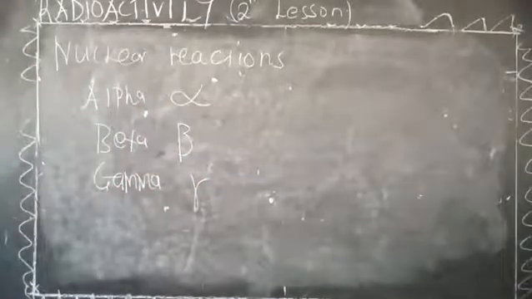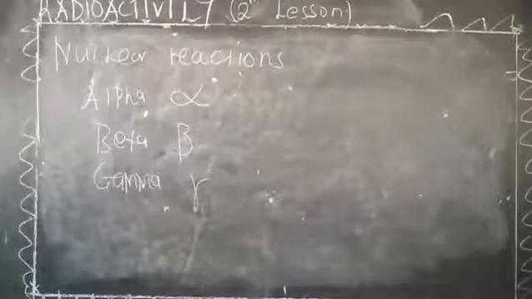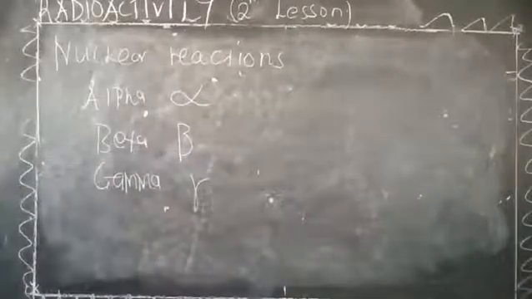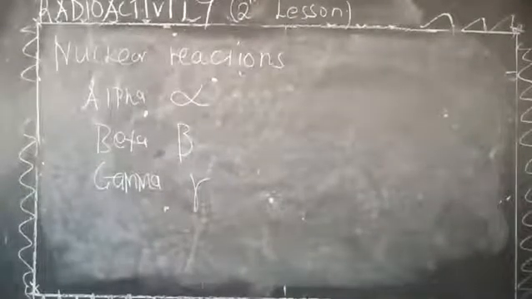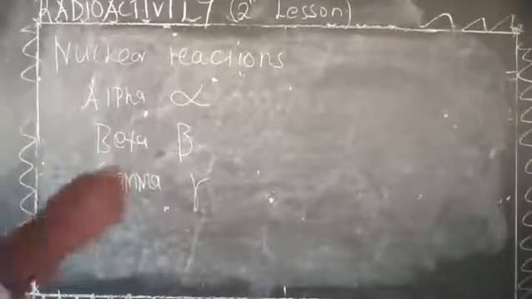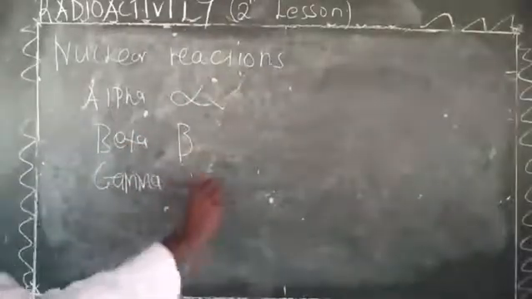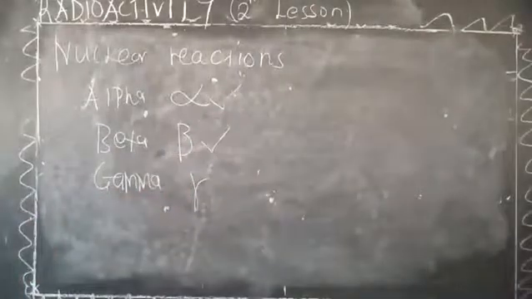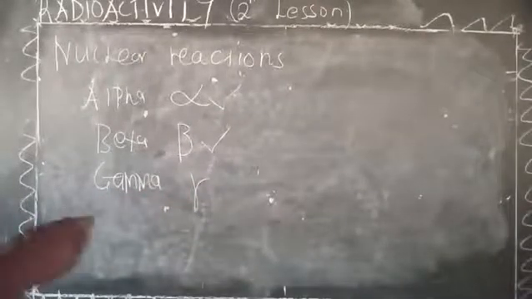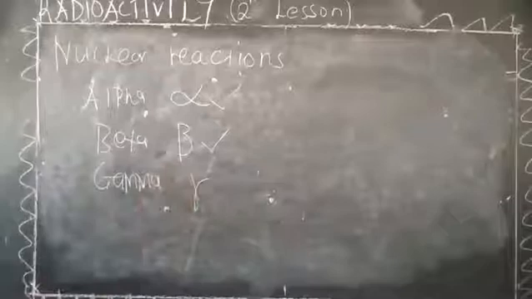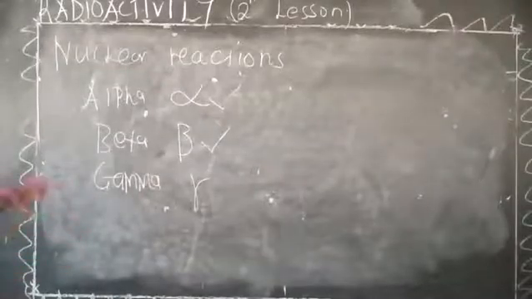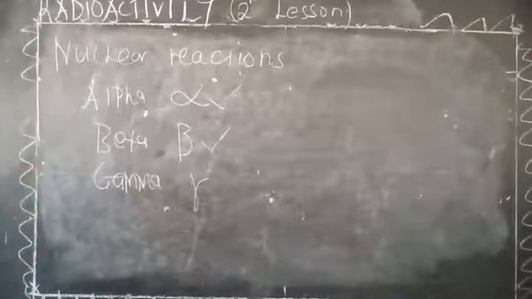So nuclear reactions take place when particles are emitted from the nuclide of an atom, and these particles that are emitted are actually the alpha particles and the beta particles. Gamma radiation is actually energy, like we are going to see.